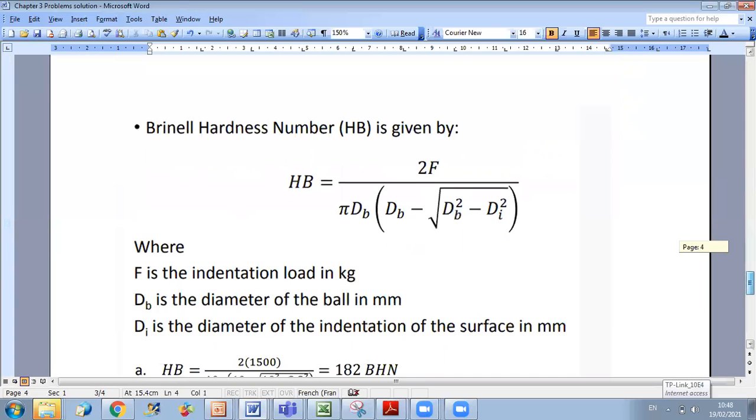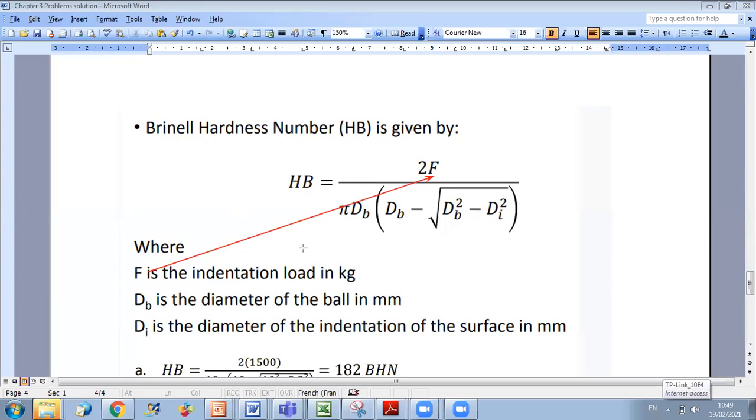Here they gave us the Brinell hardness formula. You have it in your formula sheet. You should pay attention that in this formula, F is in kilogram. It corresponds to the force over g, because the weight is a force, and we can express the force in kilogram by considering the weight as defined as m times g. So if I give you the mass, it is equivalent to giving you the weight.